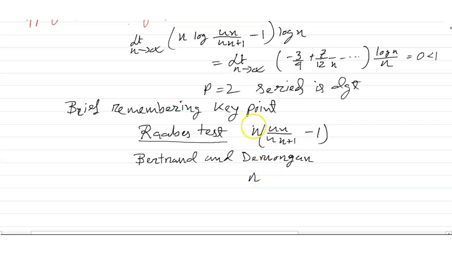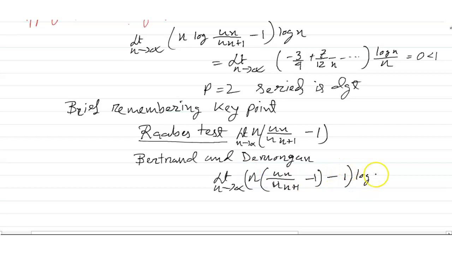In every test, limit n tends to infinity, you must write. After that you use un divided by un plus 1, Raabe's test minus 1 into log n.